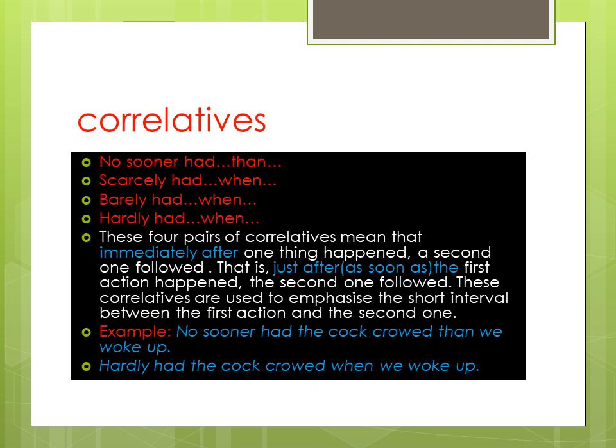No sooner had than, scarcely had when, barely had when, hardly had when. These four pairs of correlatives mean that immediately after one thing happened, a second one followed. This is what they mean: that immediately after one thing had happened, a second thing followed.